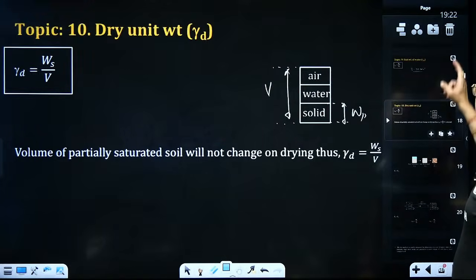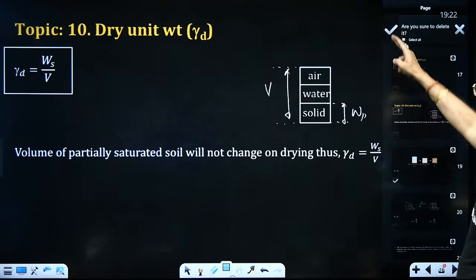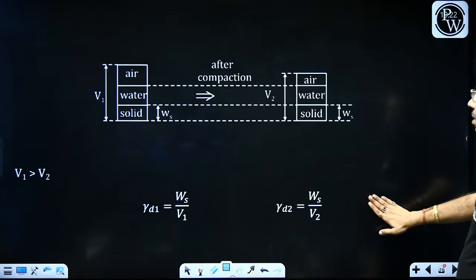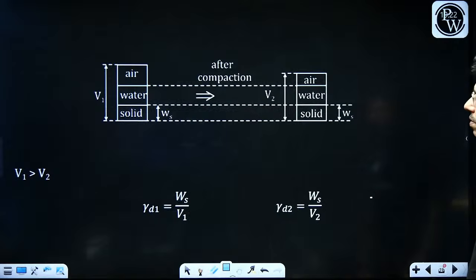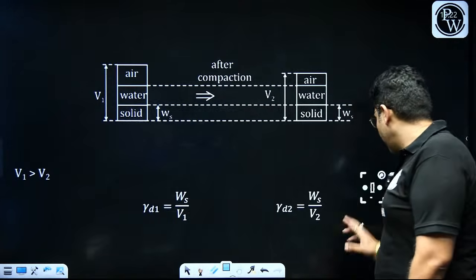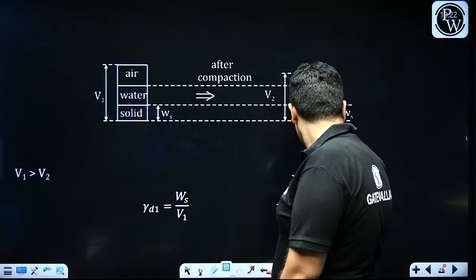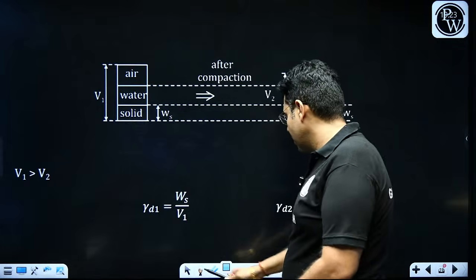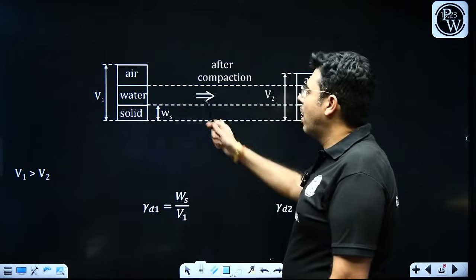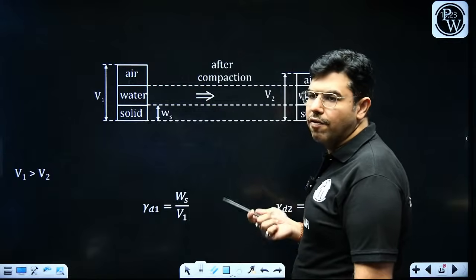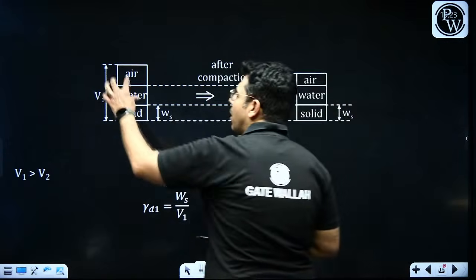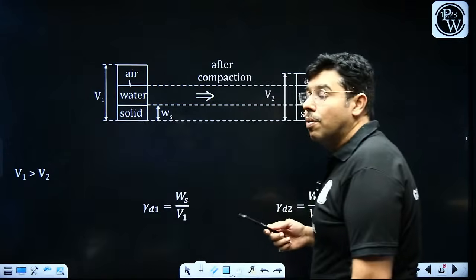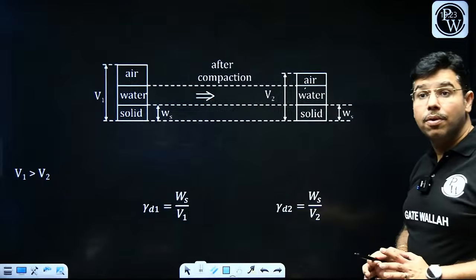So let's see this. V1 is, see, after compaction what happened? You had a soil, you compacted it. After compaction what happened? The air volume reduced, but the weight of solids is same.